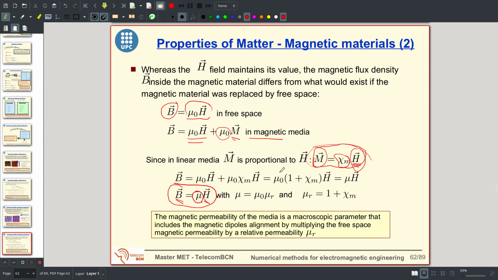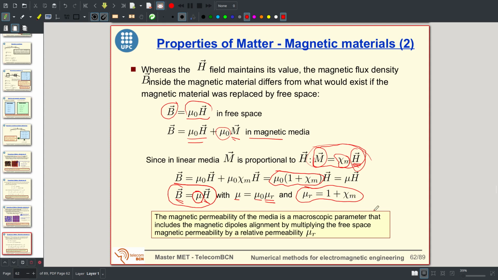The magnetic constant mu is equal to mu0 times the sum 1 plus the magnetic susceptibility, the dual of what we get for the dielectric case, and we define the relative magnetic permeability as the ratio of mu over mu0, so that the relative permeability is equal to 1 plus the susceptibility. This is the same as in the dielectric case, the dual formulas.